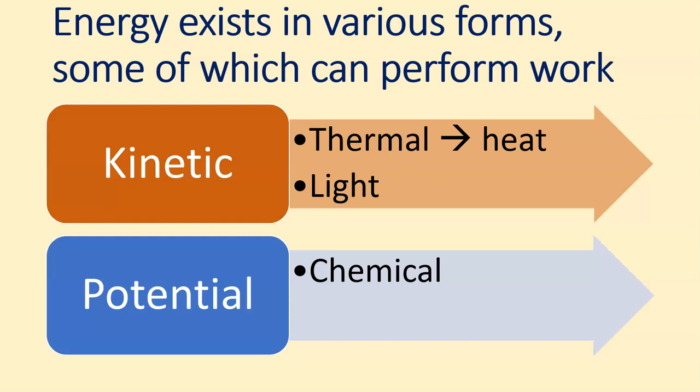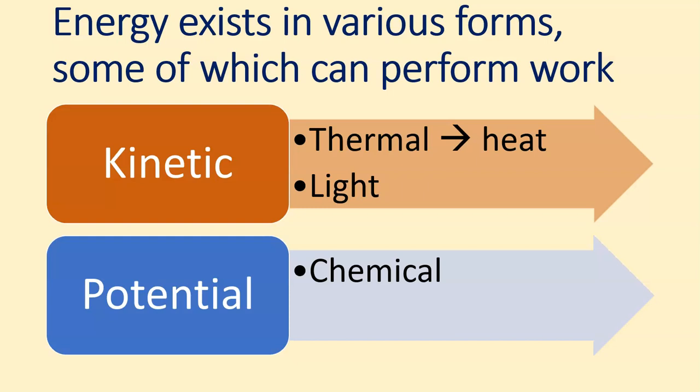Light is another type of kinetic energy. And as we'll study in the chapter on photosynthesis, light travels in photons, and those photons can excite electrons, and that is actually what triggers the energy needed for photosynthesis to occur in a plant cell or a cell that has photosynthetic pigments.